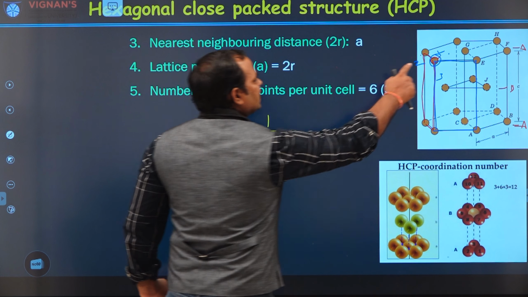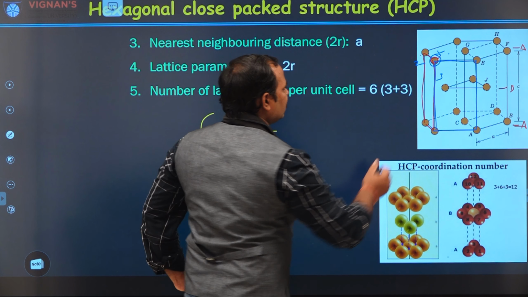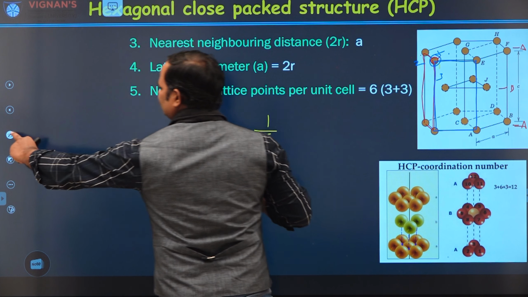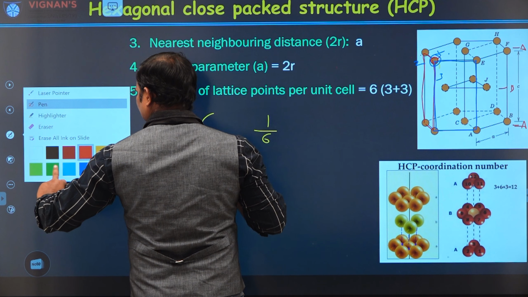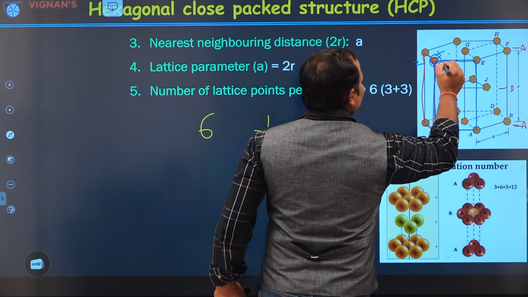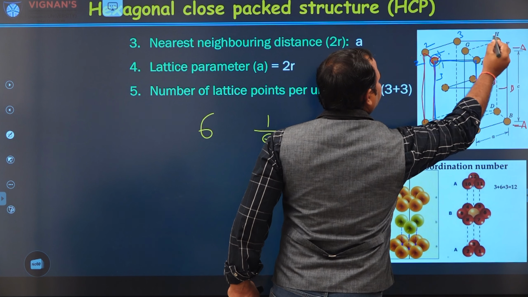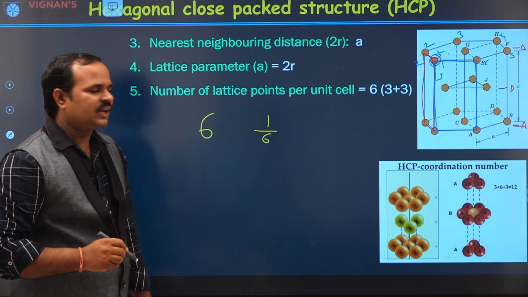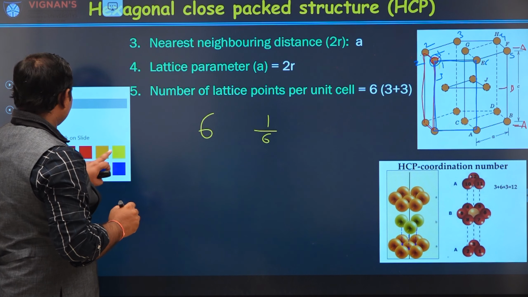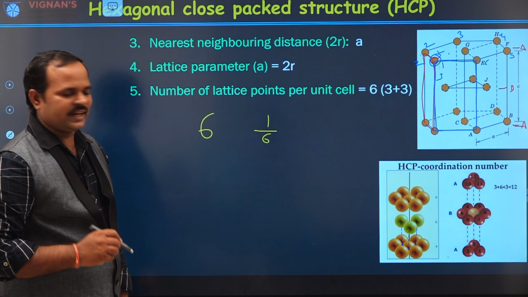Now, how many such corner atoms are there? There is 1, 2, 3, 4, 5, 6. There are 6 atoms at the corners of the hexagon.